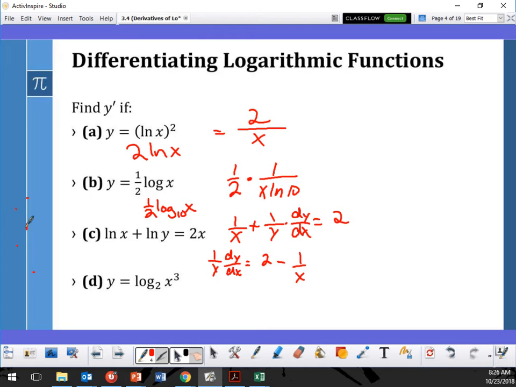And then we need to make the same with the main. Okay, so what am I going to do to get the y to the other side? Multiply both sides by y, right? So I'm going to get dy/dx equals y times the quantity 2 minus 1 over x.